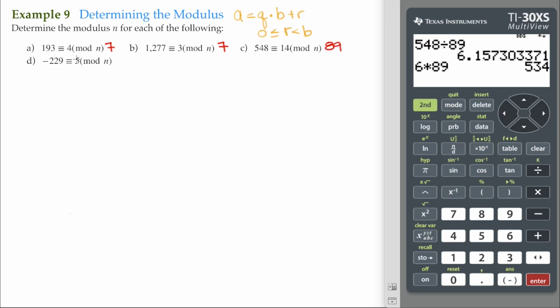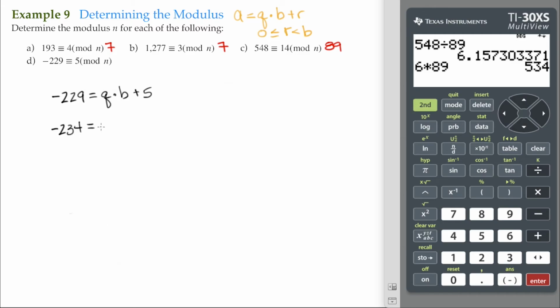Let's try D. Again, writing it in terms of the division algorithm, negative 229. That's going to be equal to Q times B plus the remainder of 5. With our algebra, subtract 5 from either side. This gives us negative 234.